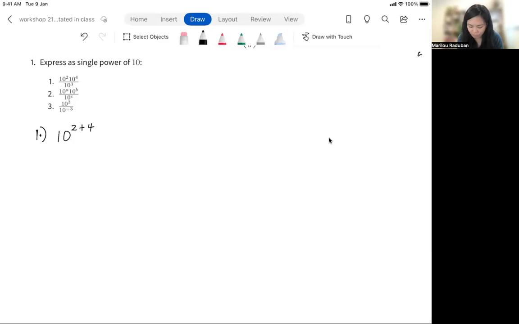If you're dividing, you subtract the exponent. You can write it step by step if you want: 2 plus 4 is 10 exponent 6, divided by 10 exponent 3, so that will be 10 exponent 6 minus 3. That is the same as what you get if you added and subtracted all at the same time.